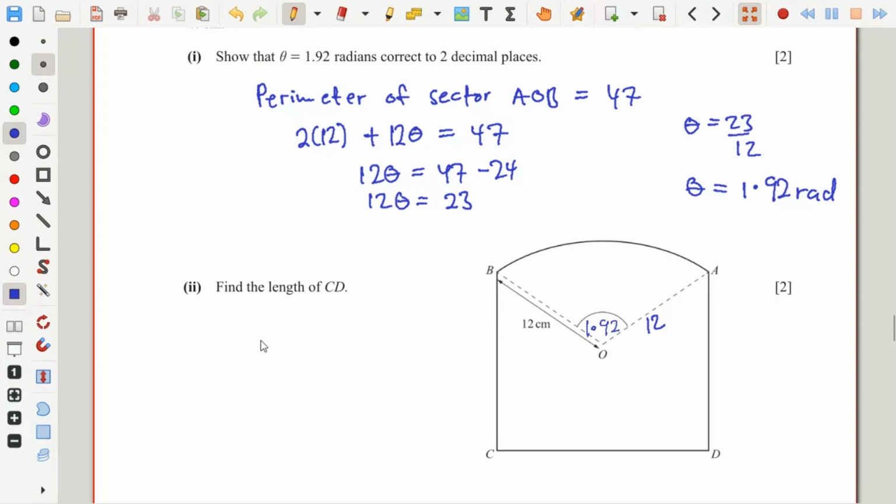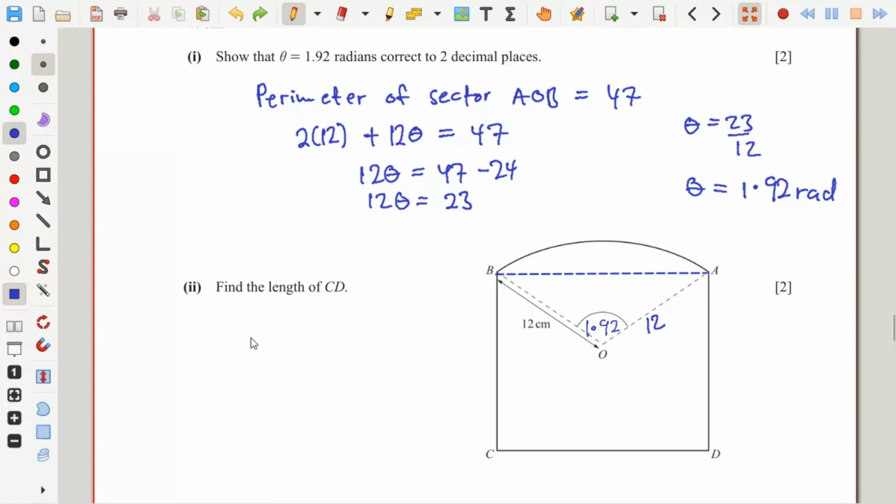Okay, so we are good to go. Now you see you should find the length of CD. Okay, the length of CD. Now the length of CD is the same as the length of BA because it's a rectangle. So the length here is the same as the length here.